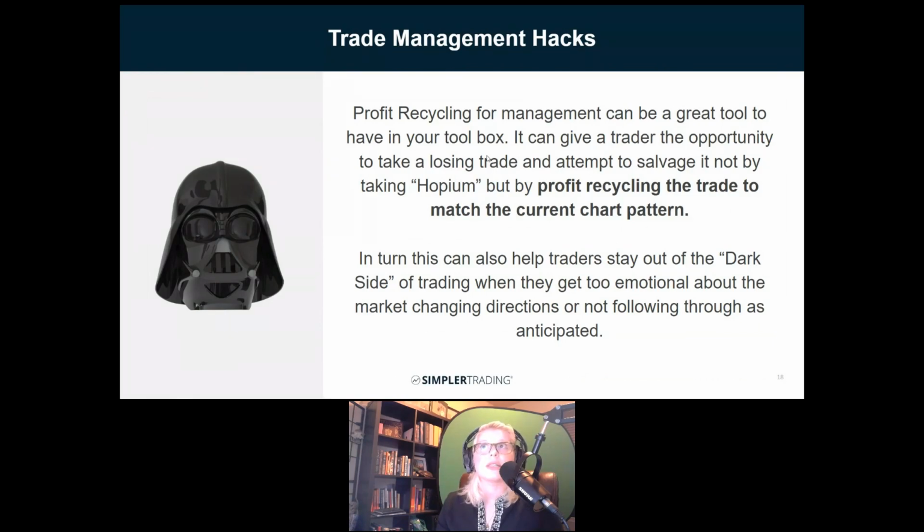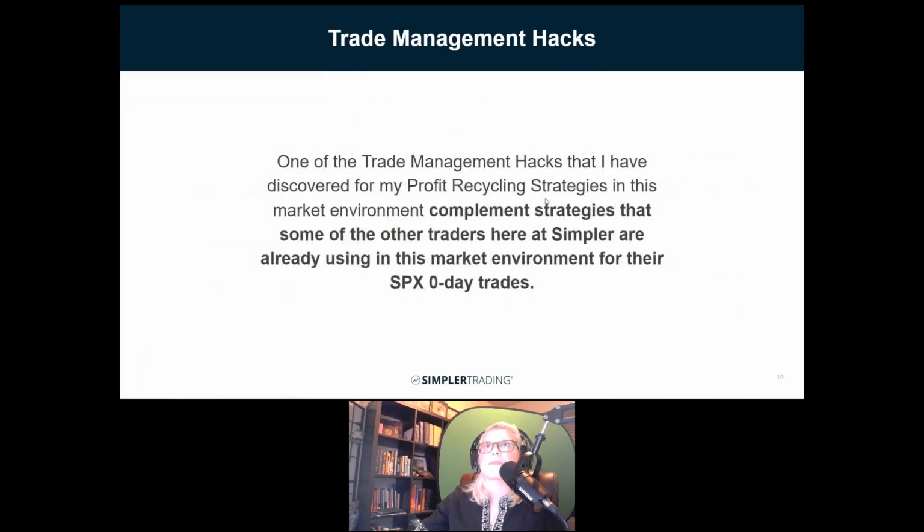In turn, this can also help traders stay out of what I like to call the dark side of trading, when they get too emotional about the market changes, and in turn, right? They start doing things where they're not following the technicals. Maybe they're putting in more money than they should be, and they're falling victim to that dark side when we start changing directions or the trade's not working out as we anticipated.